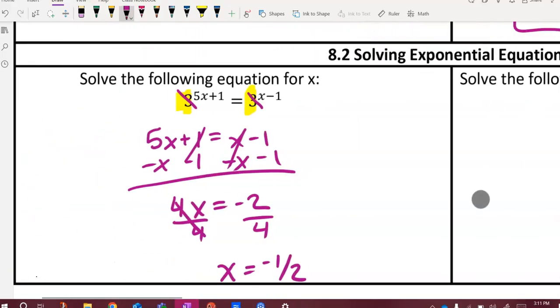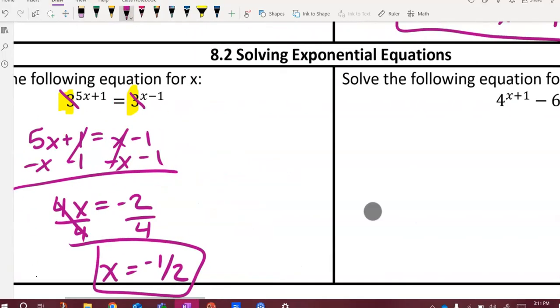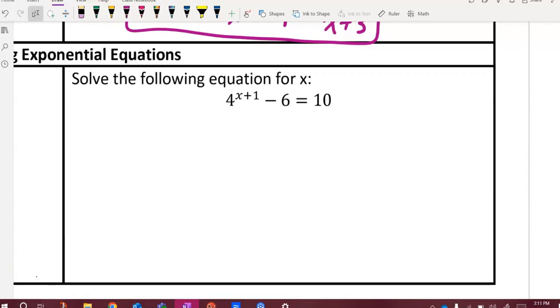All right, next one. Here we have 4 to the x plus 1 minus 6 equals 10. So here we don't have two exponents and two bases. So let's start by adding the 6 to the other side. And although we don't have two exponents, all whole numbers have an exponent of 1.